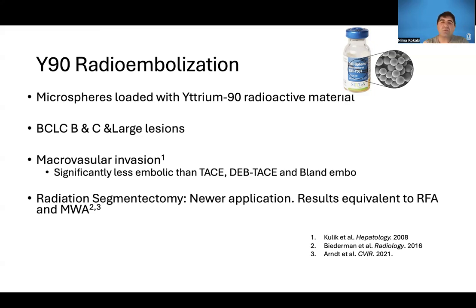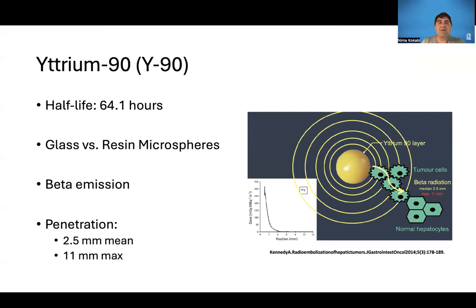Although we started using Y90 radioembolization in more advanced disease, we are now using it for all stages, from very early stage in the setting of radiation segmentectomy with small HCC to very advanced BCLC patients.